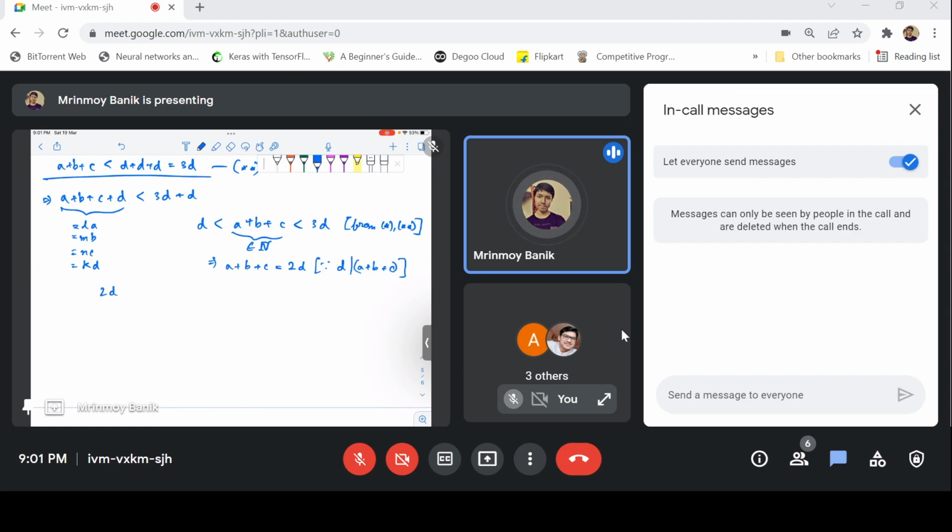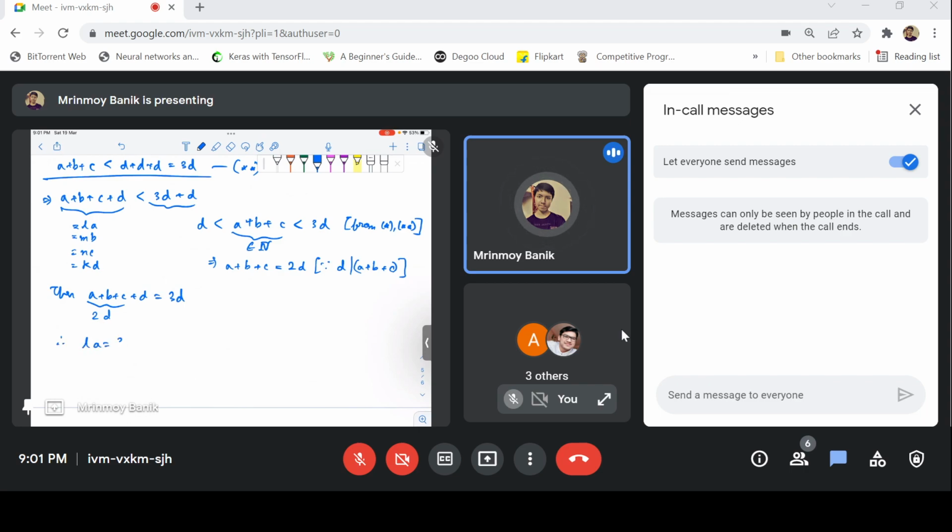Then A plus B plus C plus D, the upper bound that we were getting as 4D or something, is actually 3D. So this is 2D.